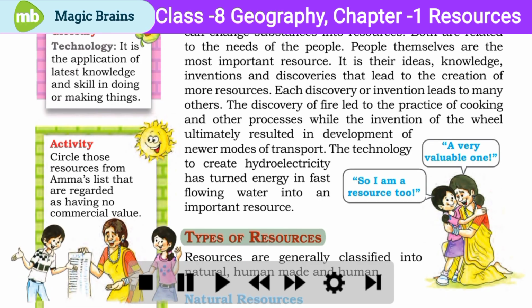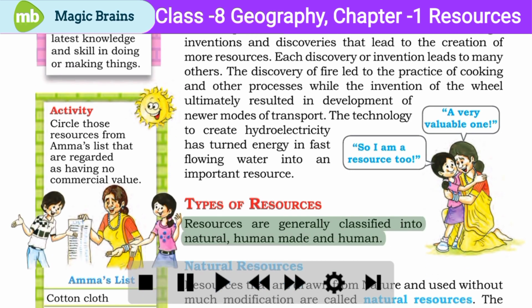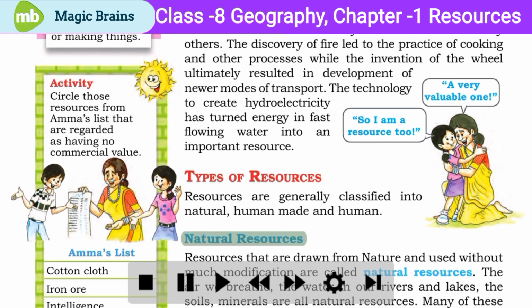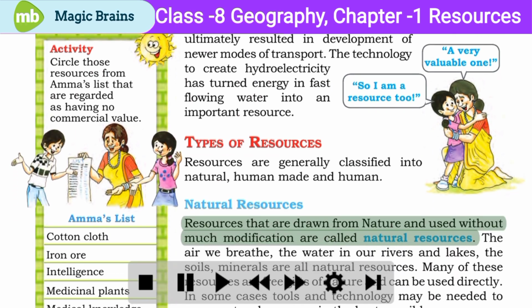Types of resources. Resources are generally classified into natural, human-made, and human. Natural resources. Resources that are drawn from nature and used without much modification are called natural resources.